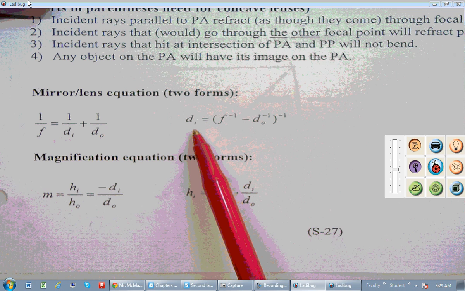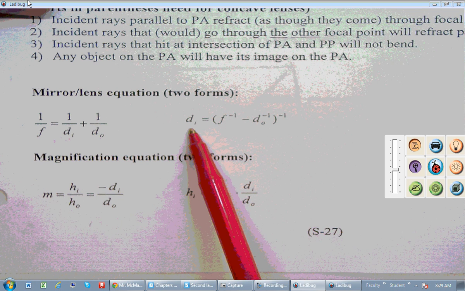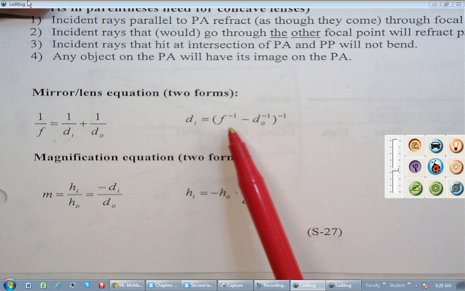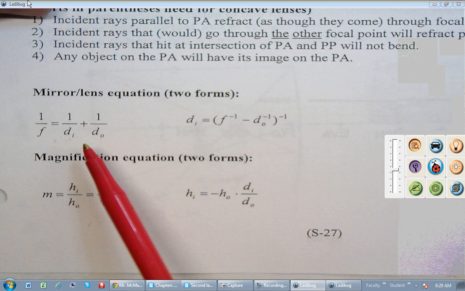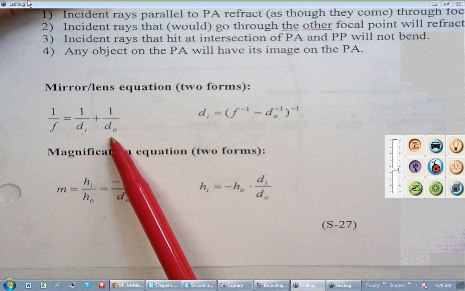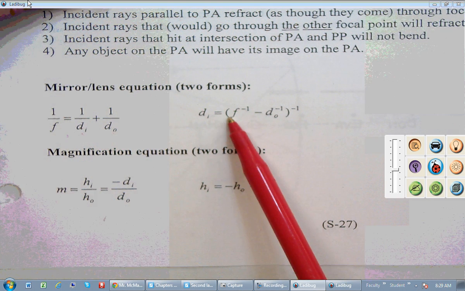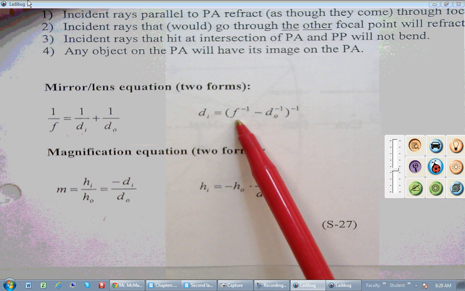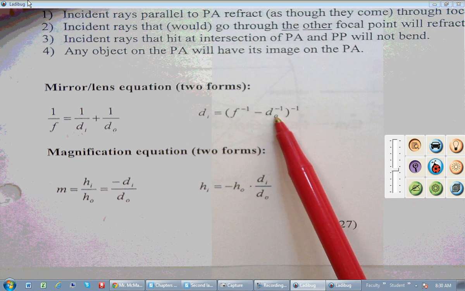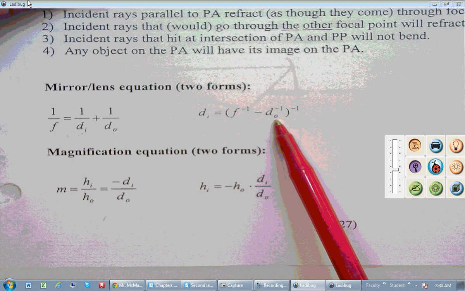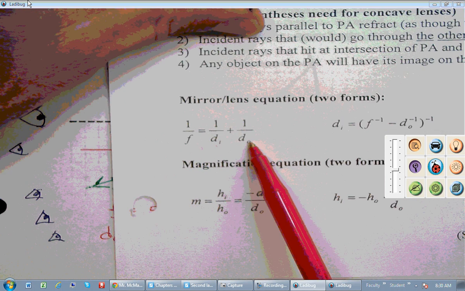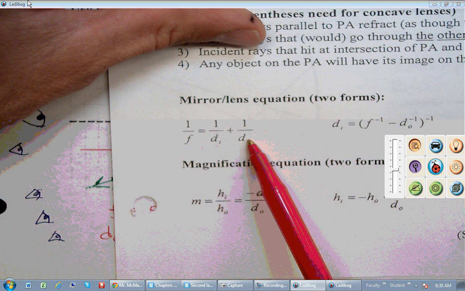It's already rearranged for the image distance. And instead of 1 over f and 1 over d_o, I have it written in a form that's more convenient for most of your calculators: the inverse of f minus the inverse of the distance to the object. Okay. Now when you subtract those things, that'll give you the inverse of the distance to the image.